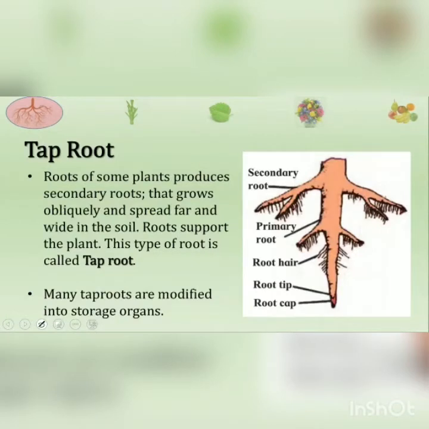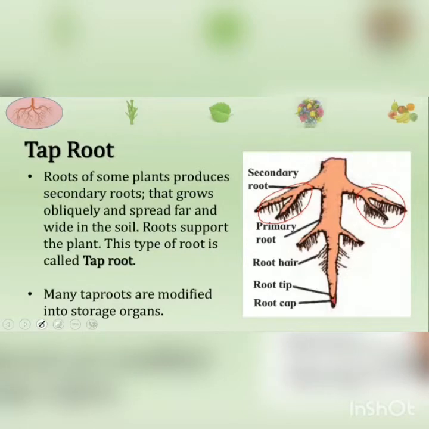Taproot. Children, what do you mean by taproot? Roots of some plants produce secondary roots that grow obliquely and spread far and wide in the soil. These are the secondary roots. So this type of root is called taproot.